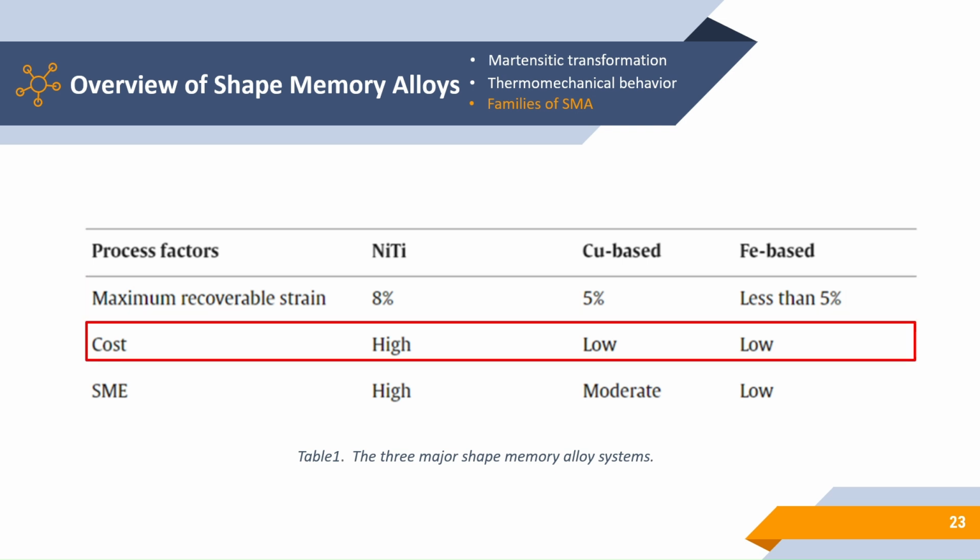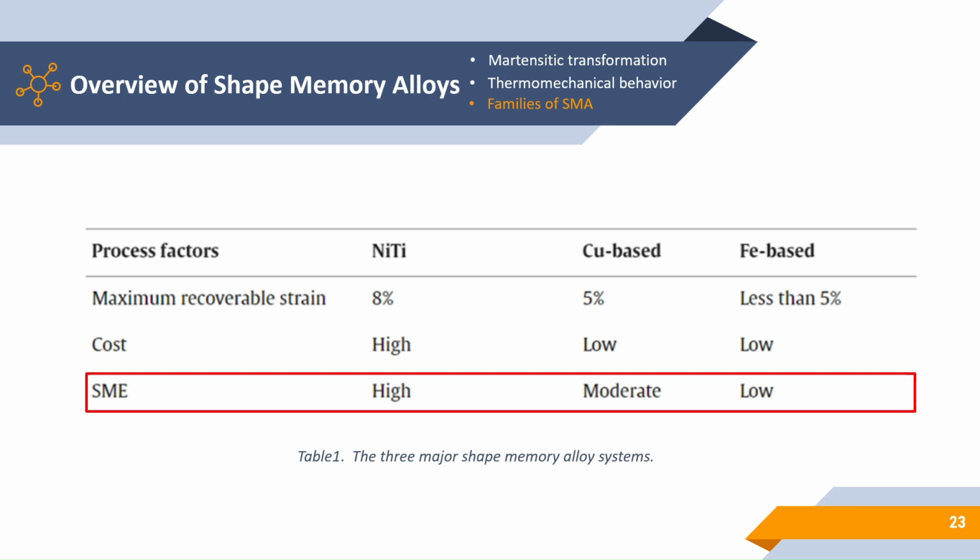In terms of cost, nickel-titanium is the most expensive, followed by copper-based, while ferrous-based is the most cost-effective option. In terms of shape memory effect, nickel-titanium offers the highest effect, followed by copper-based with a moderate effect, while ferrous-based offers a limited shape memory effect.